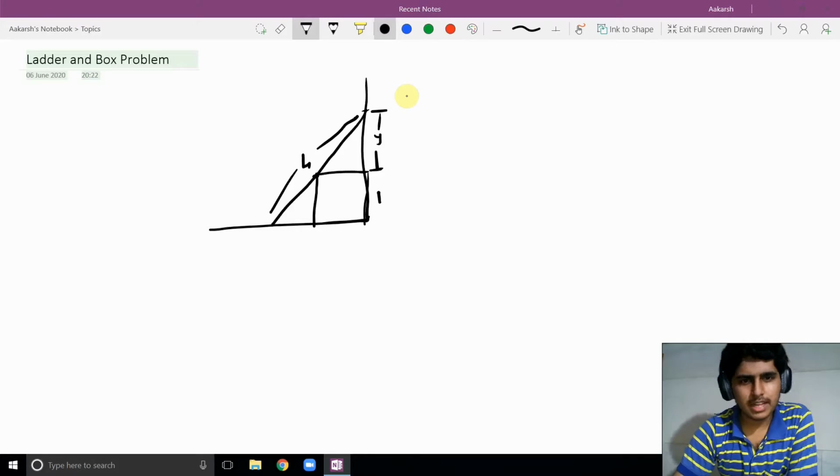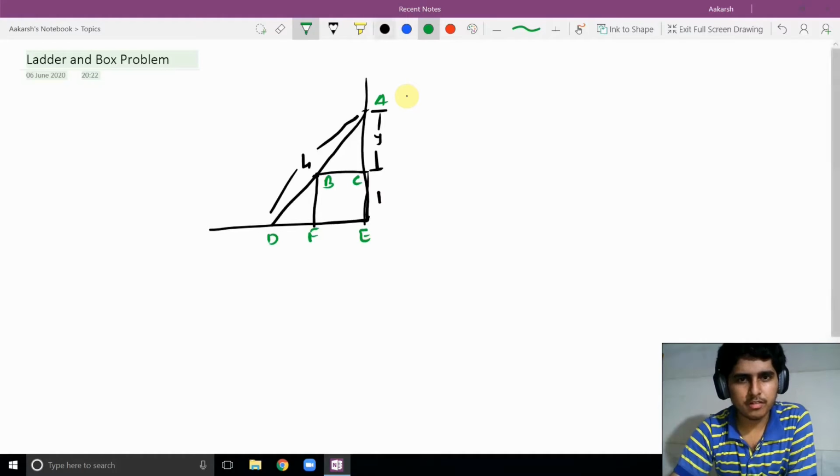Before starting, firstly I'll name these points: A, B, C, D, and E, and this point is S. Now I can see similar triangles. Here I have a right angle, and here also I have a right angle.